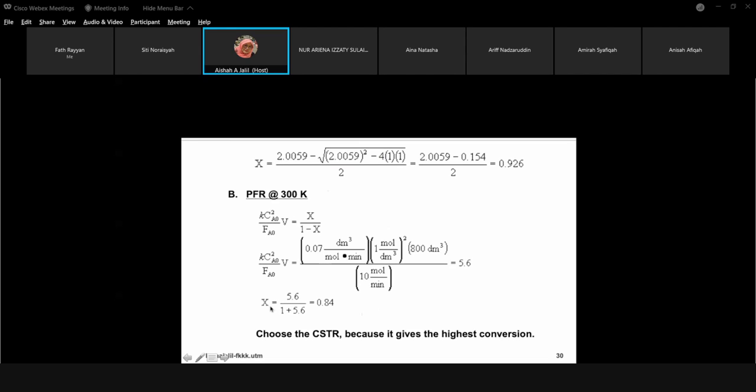Then they get X for the PFR as 0.84, so choose the CSTR because it gives the highest conversion. Can you understand? Can you see?